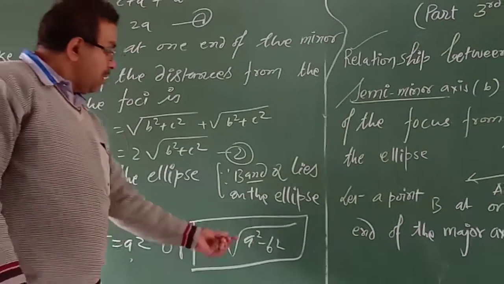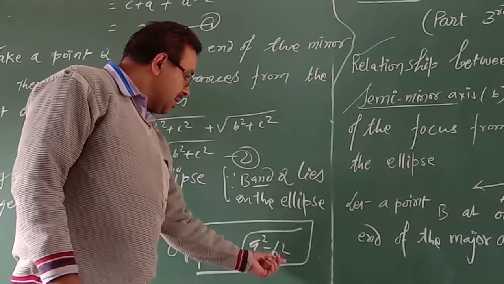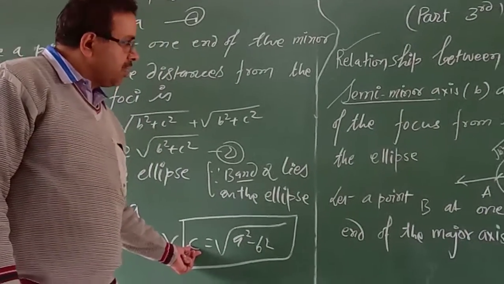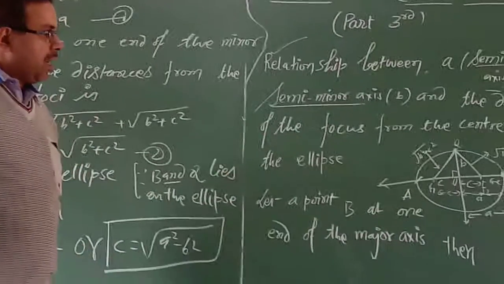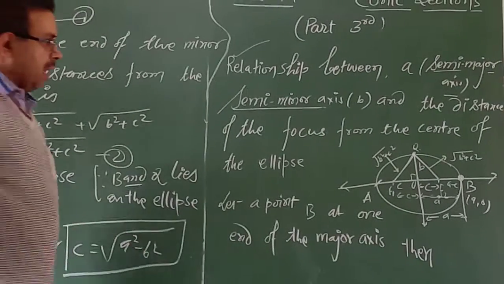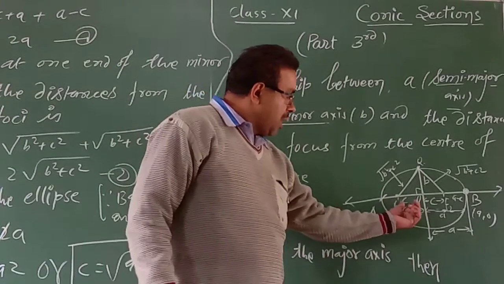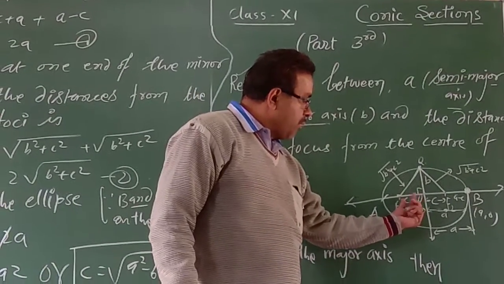Here a is the semi major axis and b is the semi minor axis and (c, 0), (minus c, 0) are respectively the coordinates of the foci, or we also say that OF1 is equal to c.